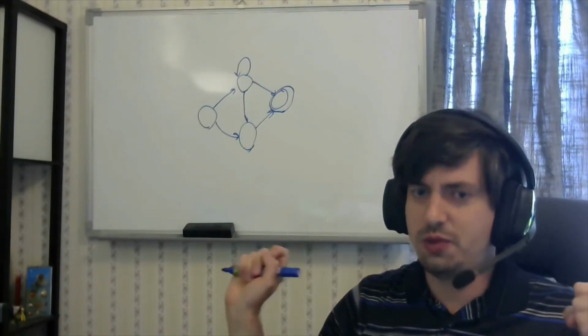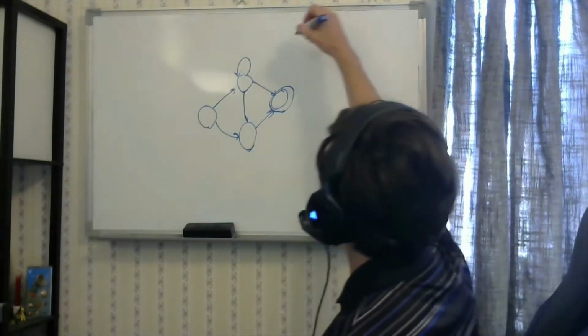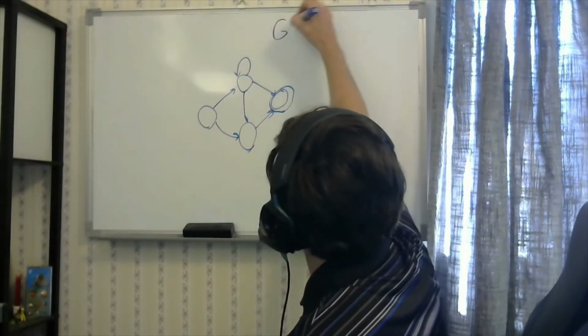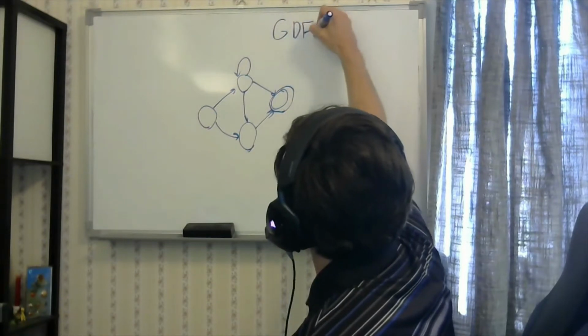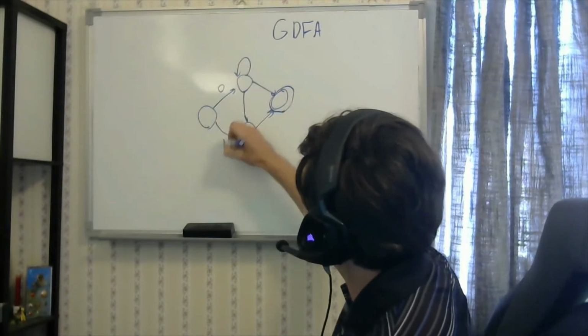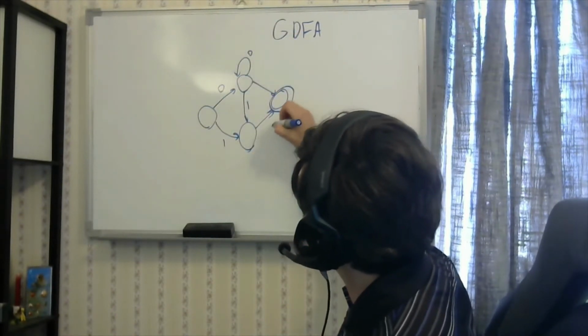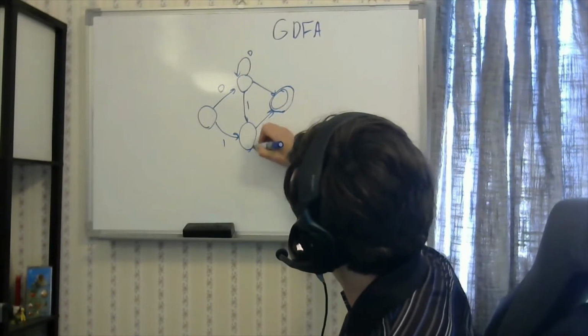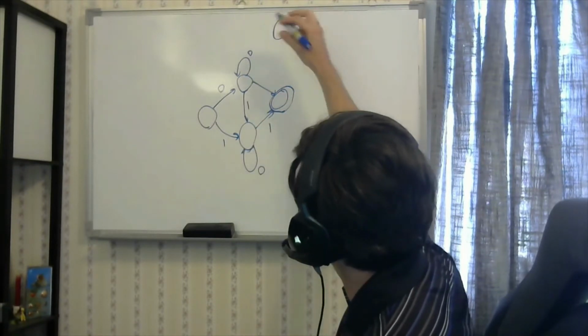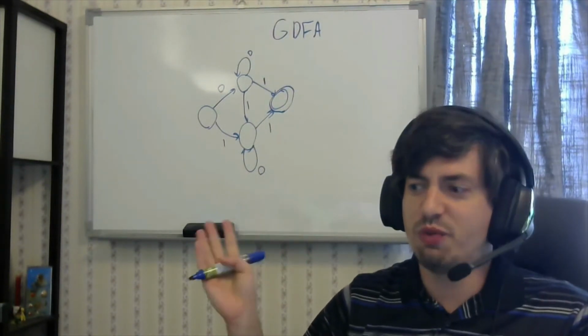In order to do that, we're going to introduce a new concept which we call a generalized deterministic finite automata, where the edges that you're allowed to use are not just zeros and ones, but are arbitrary regular expressions.